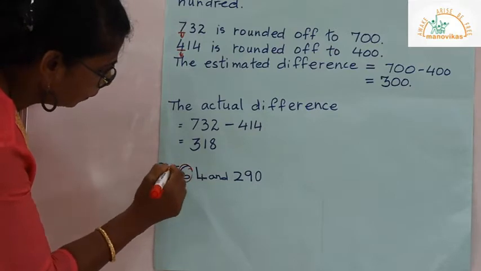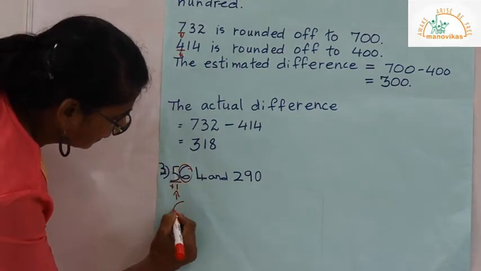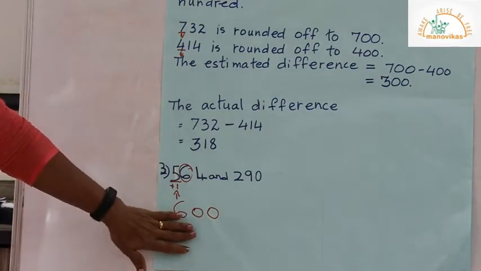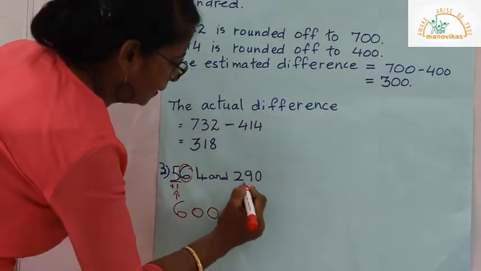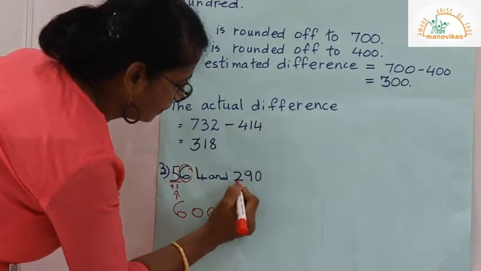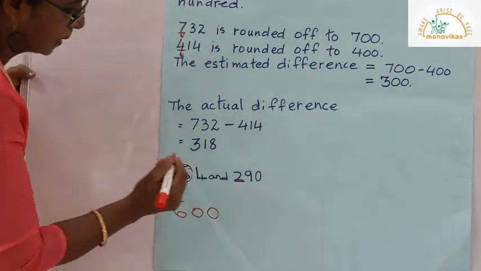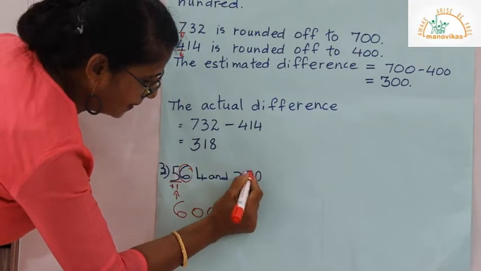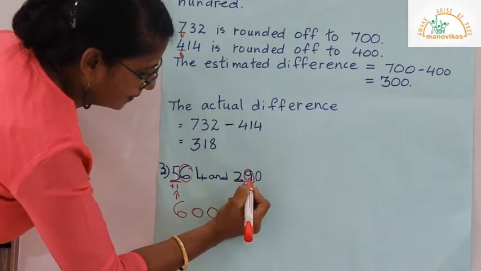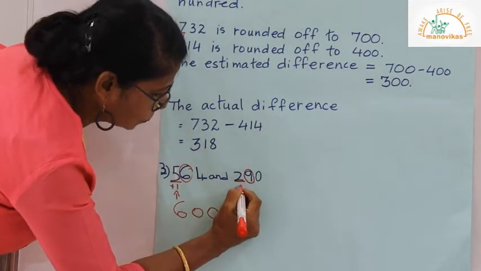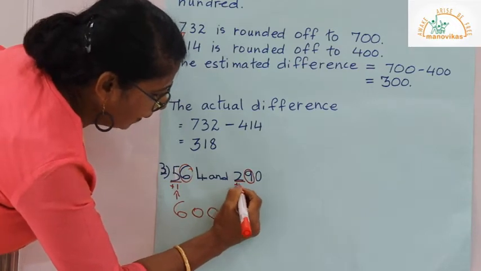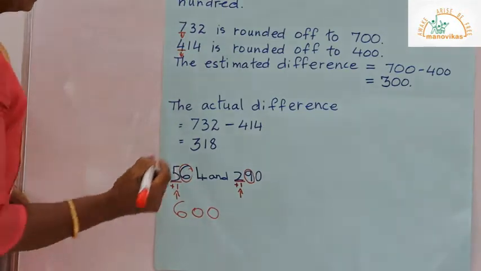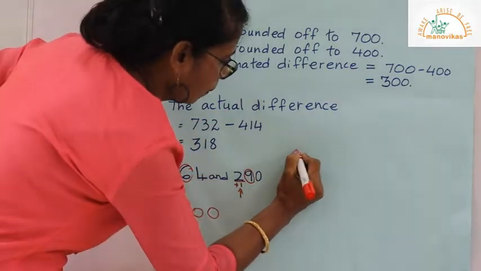So we get the estimated value as 600. Similarly, 219: the number 2 is in the hundreds place and number 9 is bigger than number 5. And so we need to add 1. It goes up.